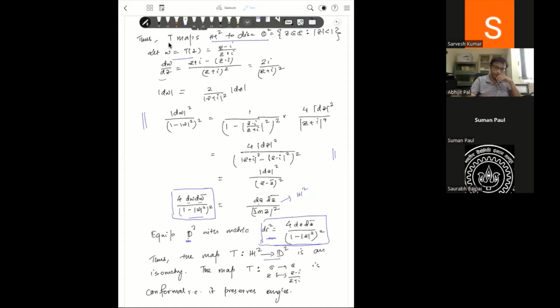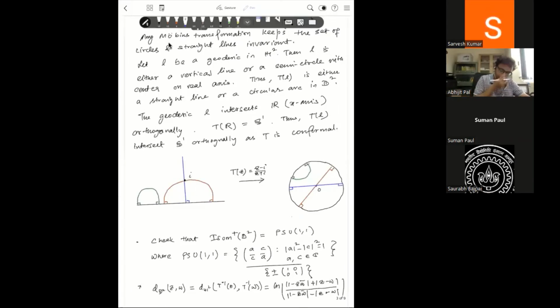Again, by the property of Mobius transformations, any Mobius transformation keeps the set of circles and straight lines invariant. Now, what are the geodesics in this Poincaré disk?